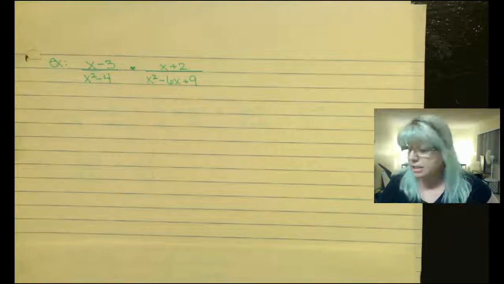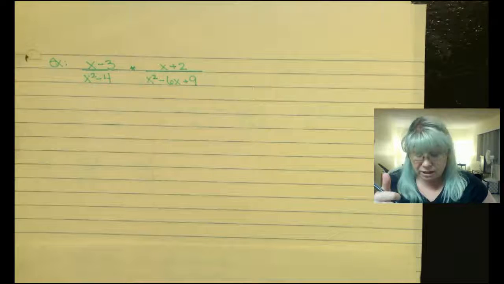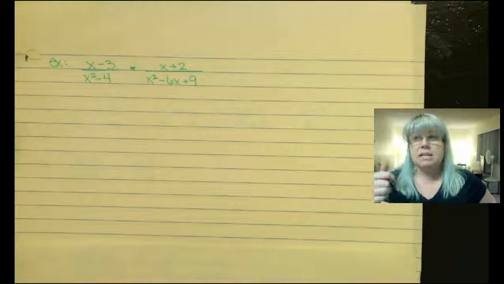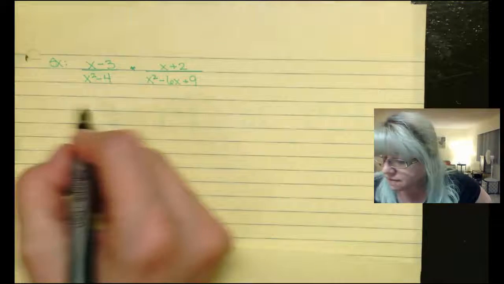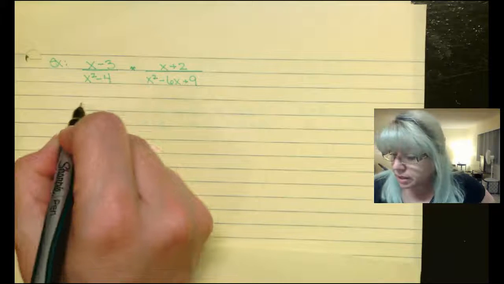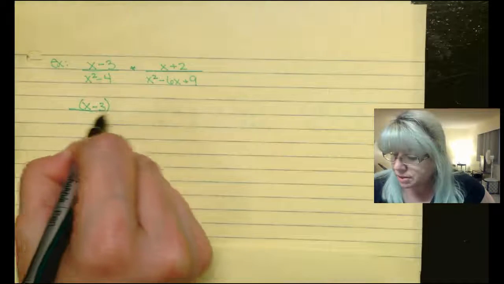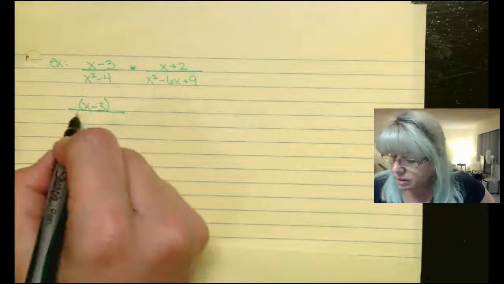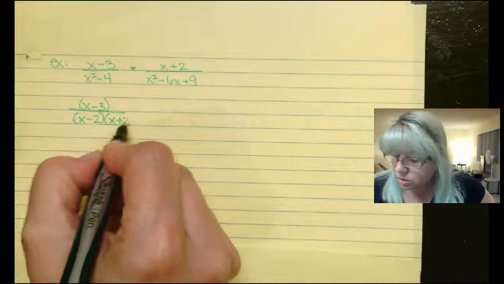Right, for rational expressions, it's going to be very similar. I want to figure out the factors and then see what the numerator has and what the denominator has. So let's factor each of the fractions, and I'm going to do that separately. So x minus 3, that's all I can do. Parentheses are just there for emphasis. x squared minus 4 is going to be x minus 2, x plus 2.